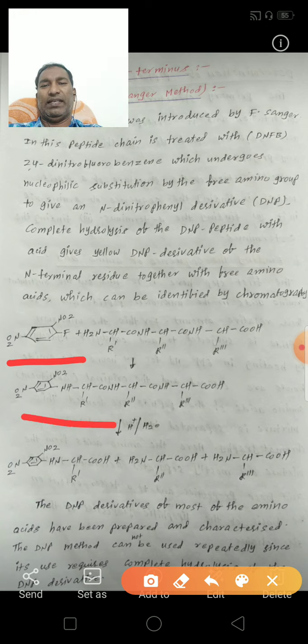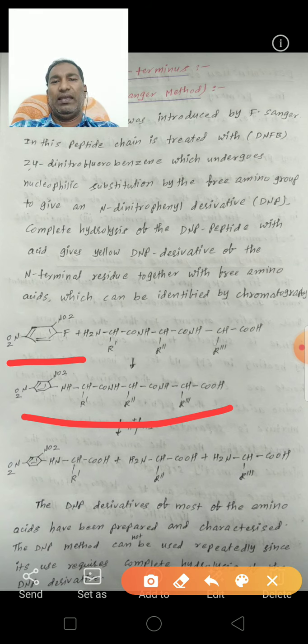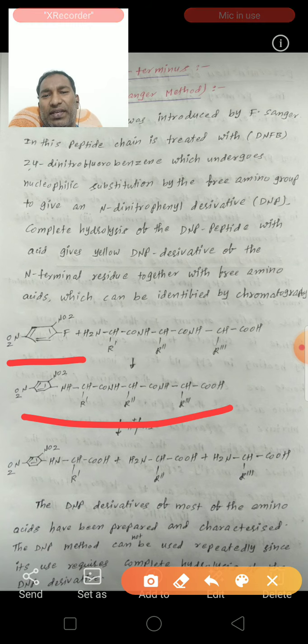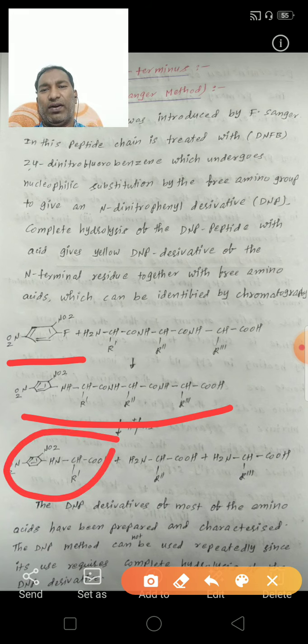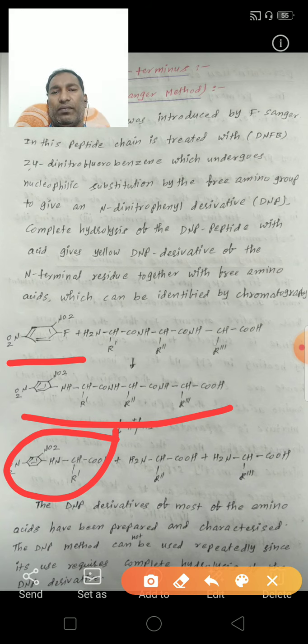Complete hydrolysis of the DNP peptide gives the yellow DNP derivative of the N-terminal residue, and the free amino acids remain.